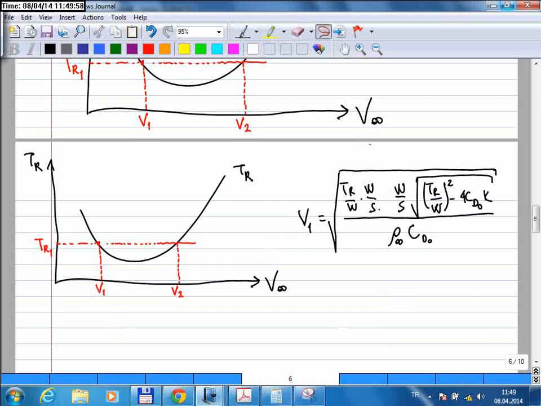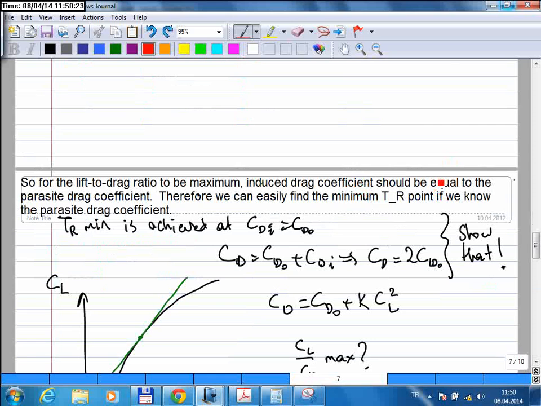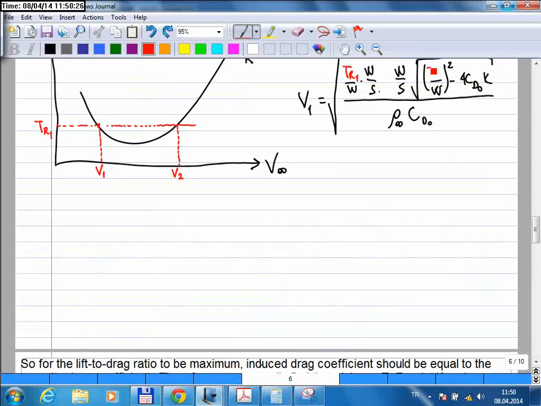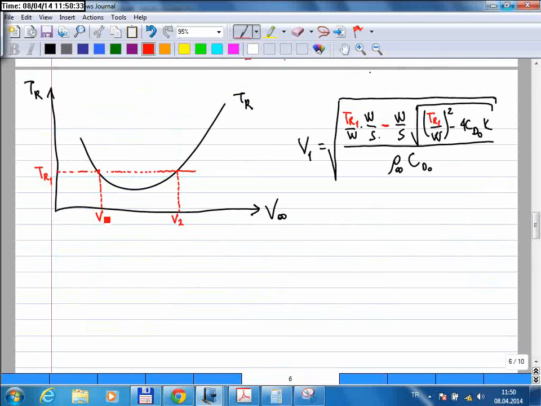So that will be given by TR1 here. Let me use red color. And I put TR1 here. And there should be a negative sign because this is the smaller solution, right?